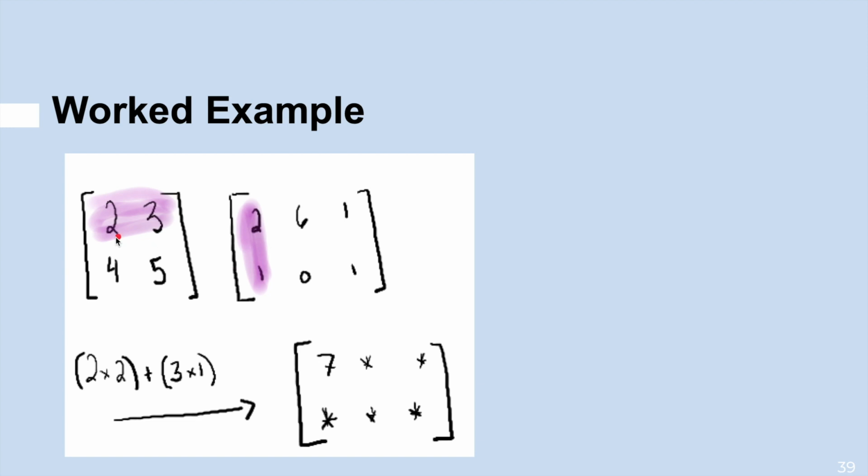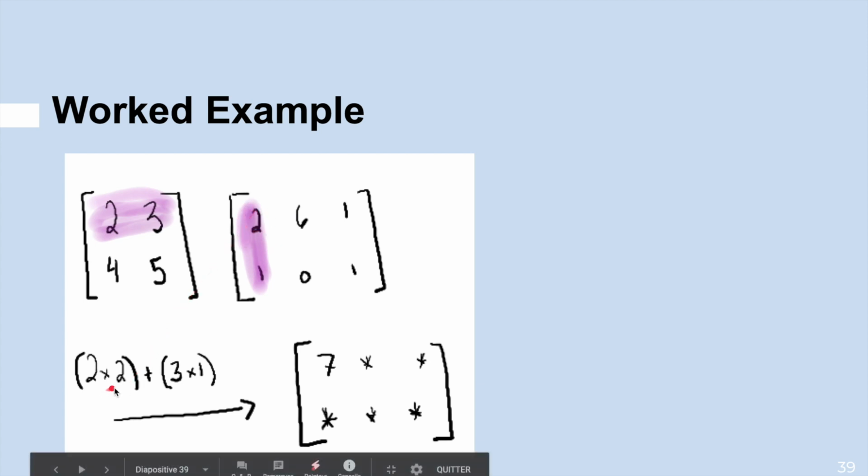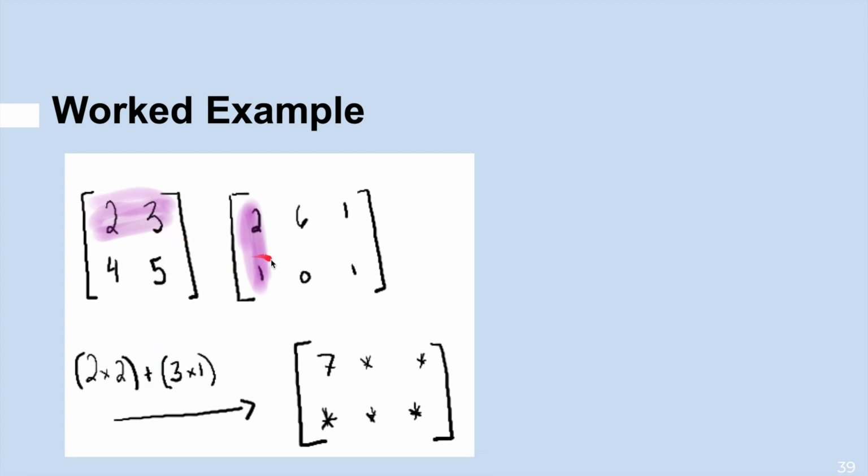So I take this first number of the first row and I multiply it by the first number of the first column, 2 by 2. And then I add the second number here times the second number here. And all of this is going to my first row, first column. So I have 2 times 2 plus 3 times 1, which is 7.